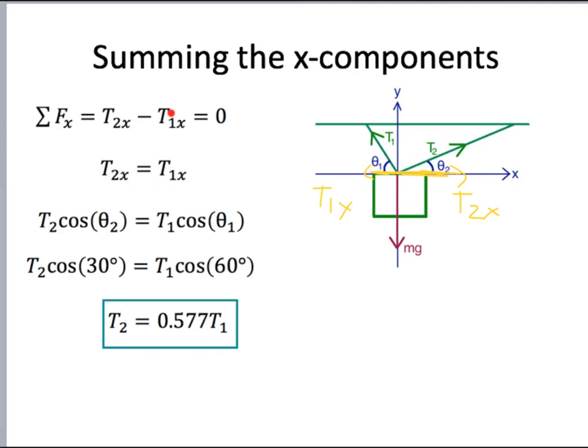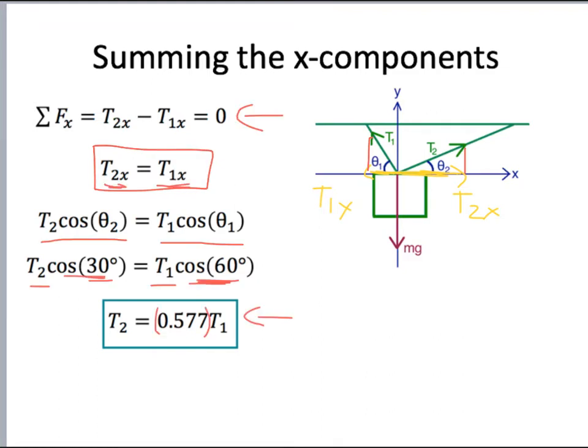And so when I do a little algebra, I find that T2x and T1x are equal to each other. Now, I can note that if I think about this triangle here and that triangle there, T1x is simply T1 cosine theta 1, and T2x is simply T2 cosine theta 2.